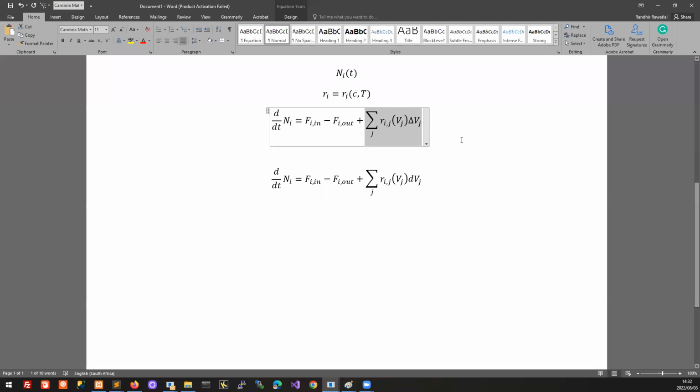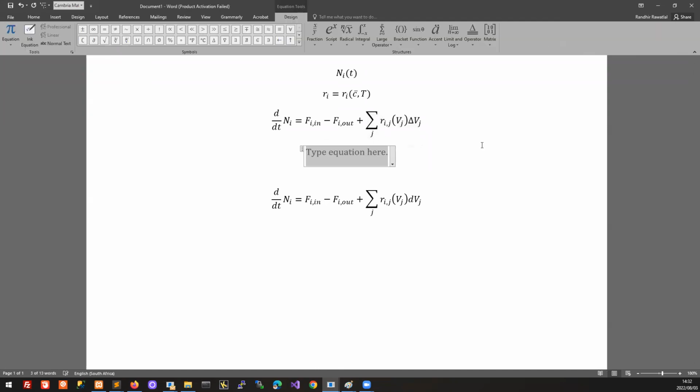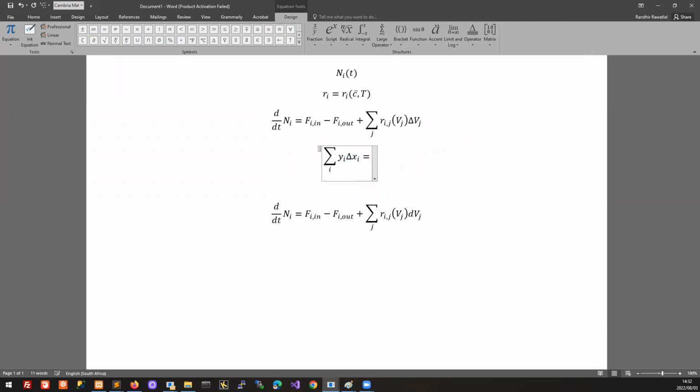Yes, sir. Right, so a Riemann integral, remember, looks something like this: the sum over i of y_i delta x_i, then if we let delta x tend to 0, where y_i is y at x_i, this is equal to the integral of y dx.